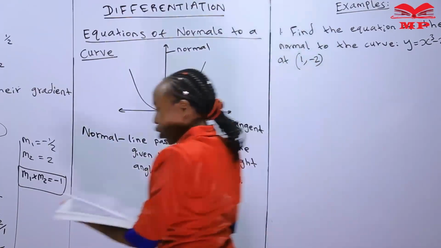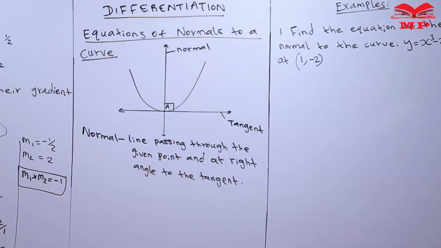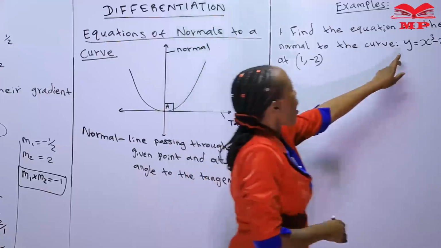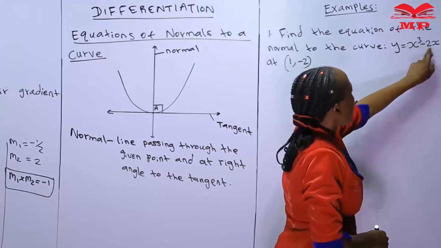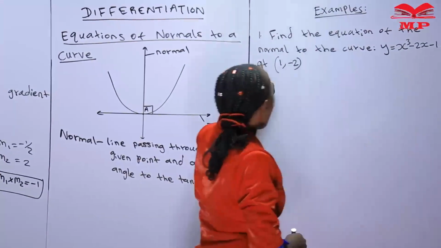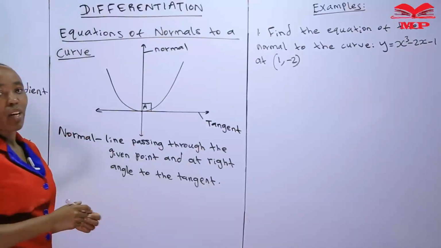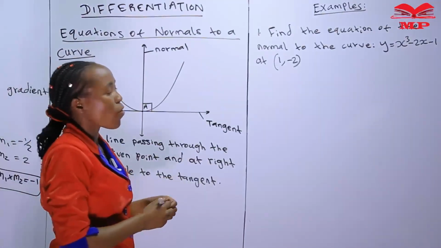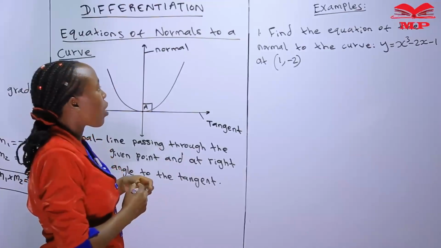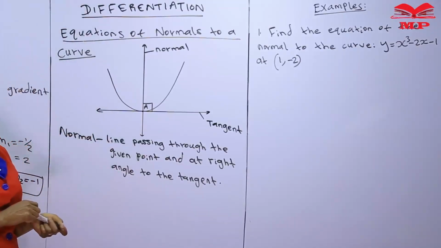Find the equation of the normal to the curve y is equal to x cubed minus 2x minus 1 at 1, negative 2. So in this, we'll start by following the procedure that we follow when getting the equation for a tangent.